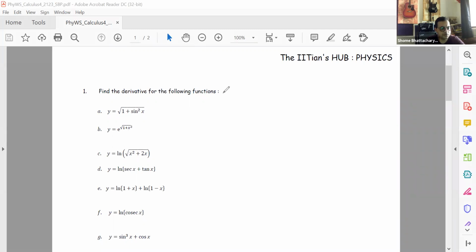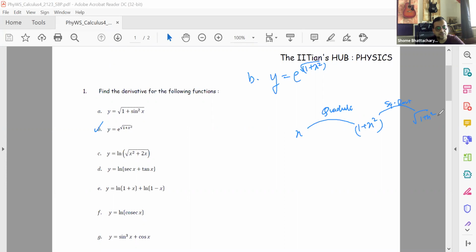Question number 1, part B. So this is that type of question that we are talking about, where there is an embedded function within an embedded function. From x, we first apply the quadratic function to get 1 plus x square. Then on that, we apply the square root function to get square root of 1 plus x square.